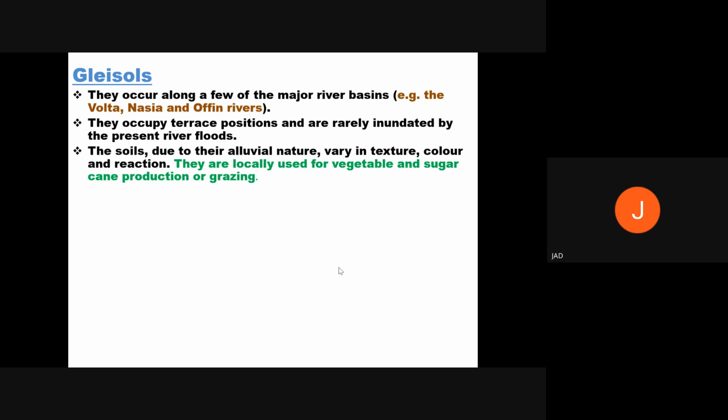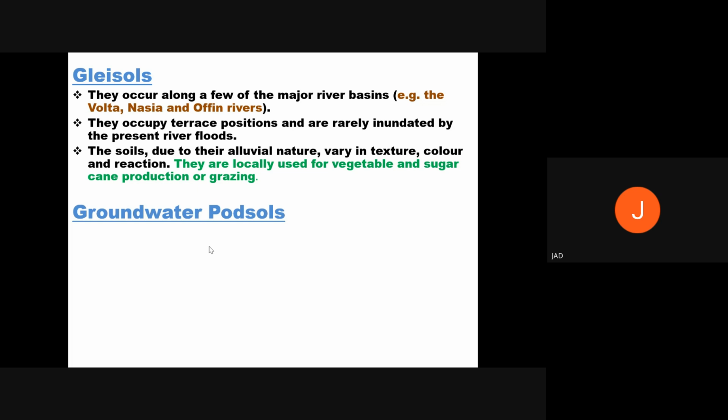The soils, due to their alluvial nature, vary in texture, color, and reaction. They are locally used for vegetation and then, of course, sugarcane production or grazing, meaning that this type of soil supports livestock production.